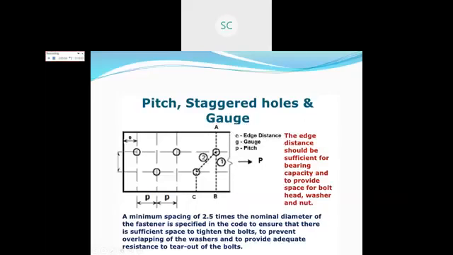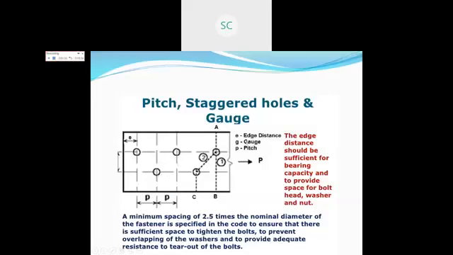What is a small e? e here shows the edge distance, from the end of the plate to the center line of the rivet or bolt. That is edge distance. g is the gauge. Gauge means the distance between two bolts perpendicular to the direction of the applied load.